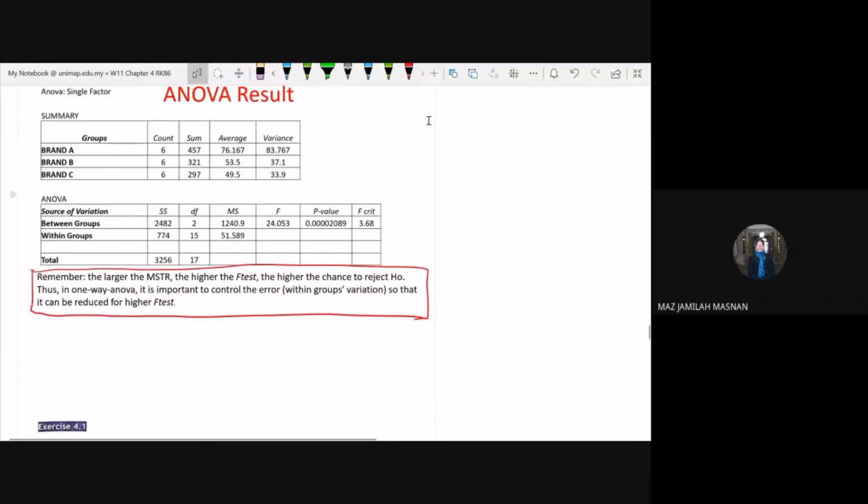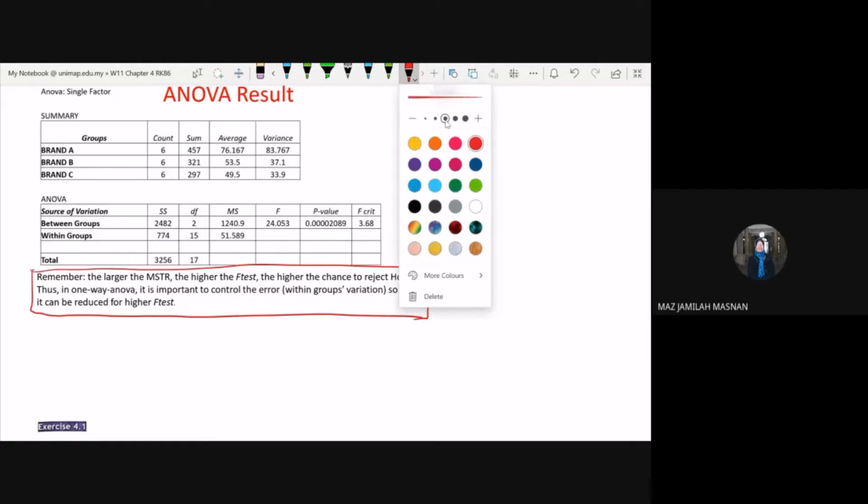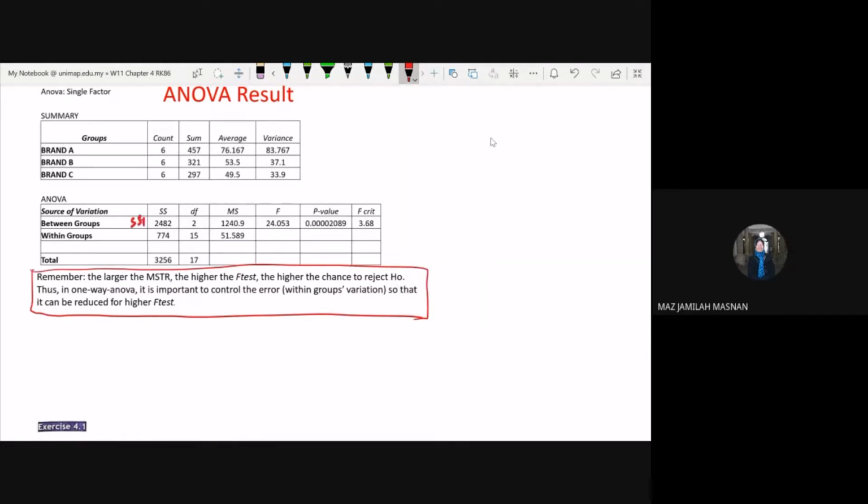So you need to understand each and every concept involved in this chapter. Now, what do we mean by the larger the MSTR? MSTR comes from our SSTR, and SSTR is obtained from between group variation. We have our SSTR here, our SSE here, and our SST here.